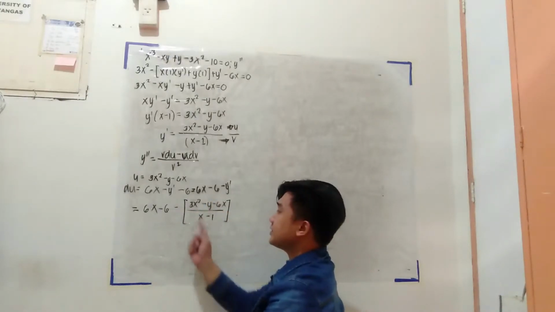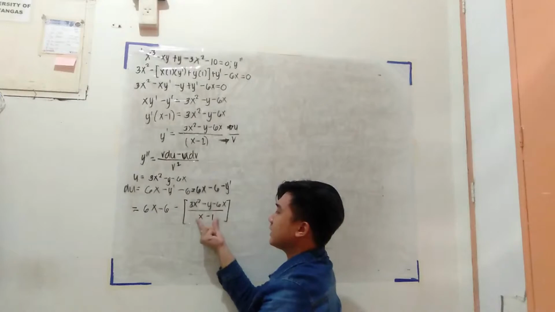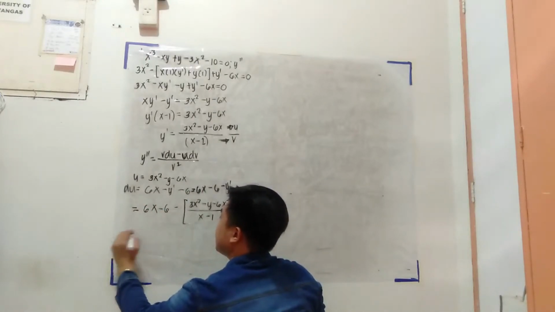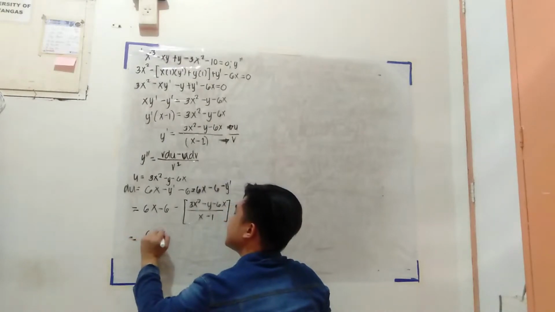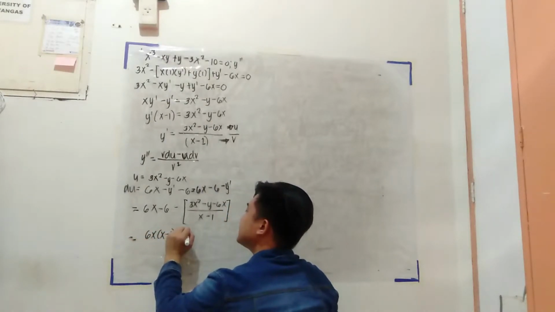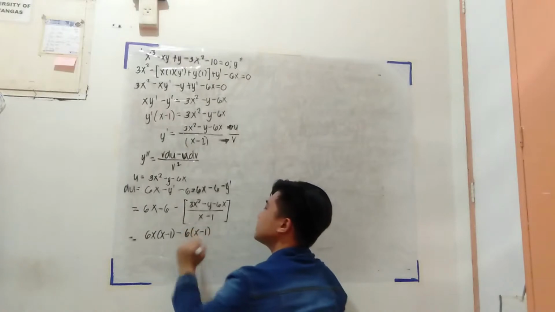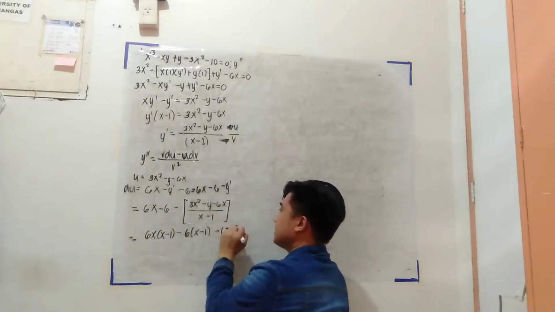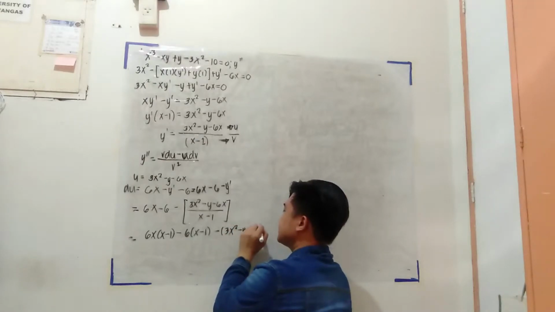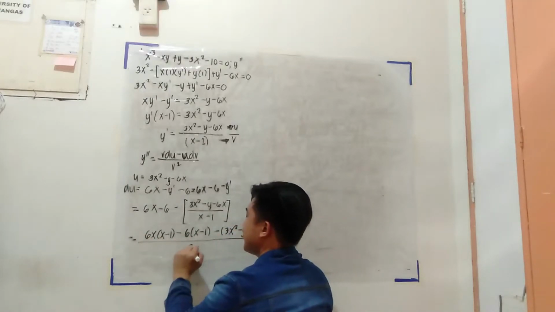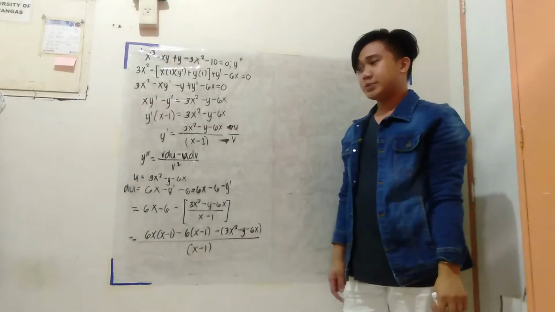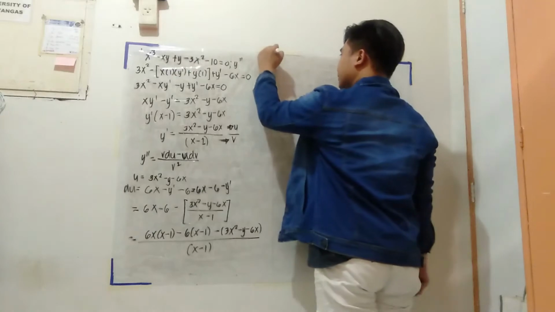And then, paano ko isi-simplify ito? I-multiply ko lang si x minus 1 dito, tsaka dito. So this is equal to 6x, x minus 1, minus 6 times x minus 1, minus 3x squared minus y minus 6x, all over x minus 1. Okay? Medyo mahaba-haba po yung sa du. So, continue.